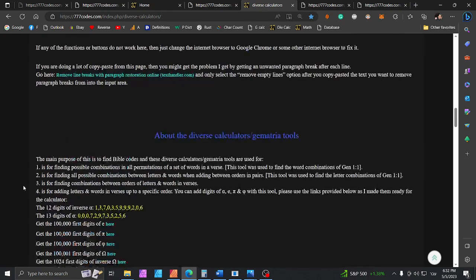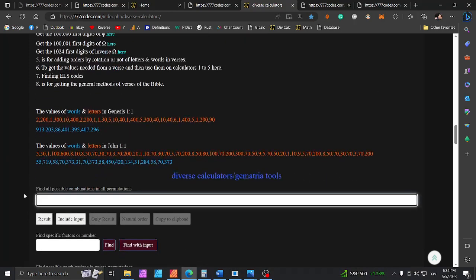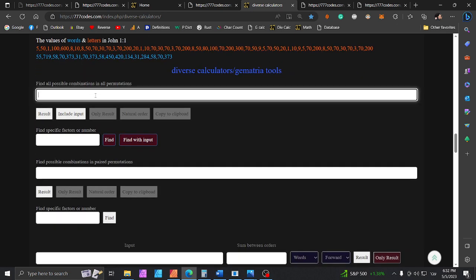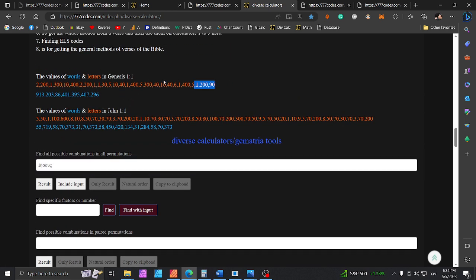Now let's do the same only with the letters and see what we can find. So these are the 28 letters of the first verse. This is the find possible combinations in all permutations tool.